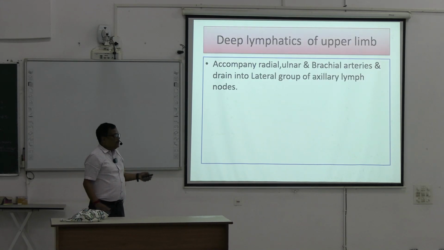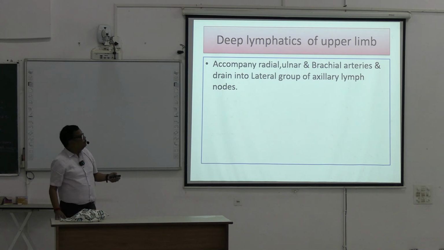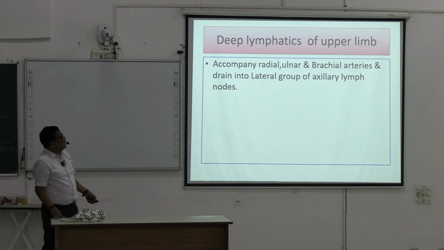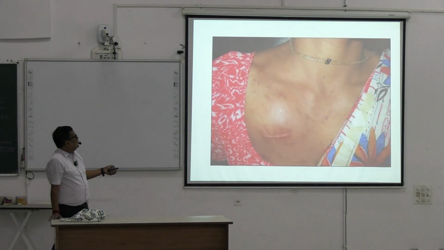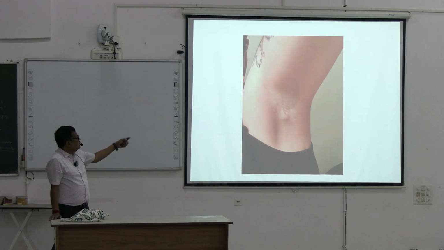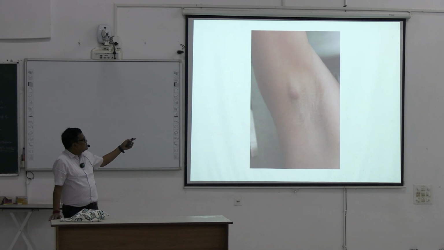Deep lymphatics, that was the superficial. Deep lymphatics usually accompany the artery and ultimately drain into the lateral group of axillary lymph nodes. These are the sections to remove the lymph node. This is an axillary lymph node involvement. This is another lateral group of lymph nodes enlargement.